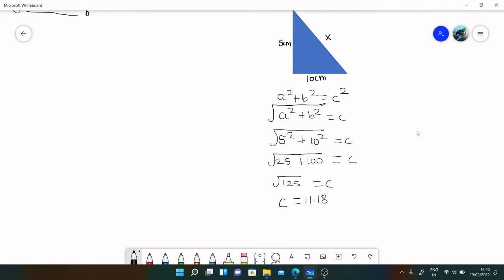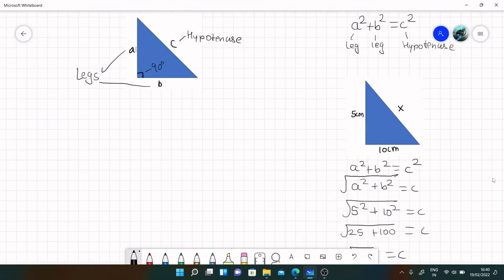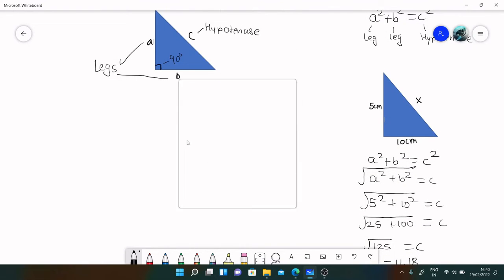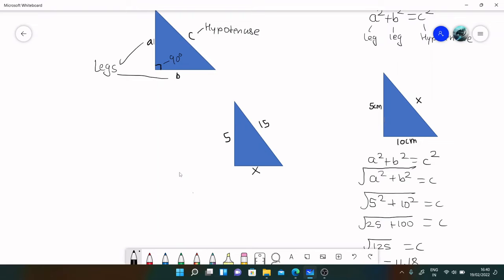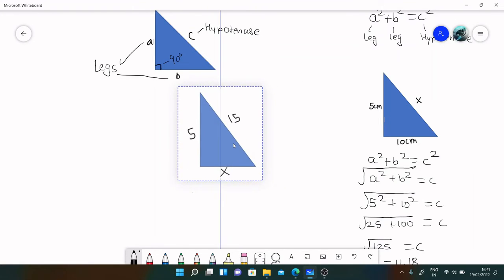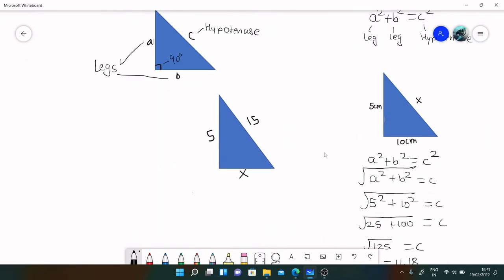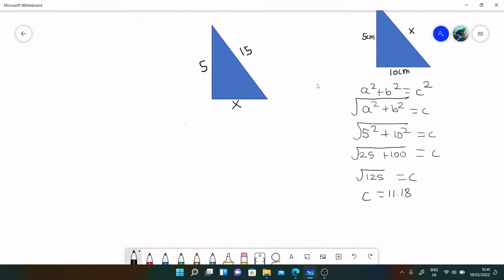Let us take a look at one last example. In this example, we have the hypotenuse and one leg. We are missing the value of one leg, which is x over here. So first, as usual, we will write down the Pythagoras theorem.